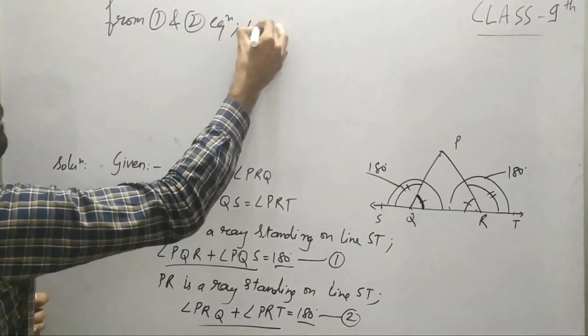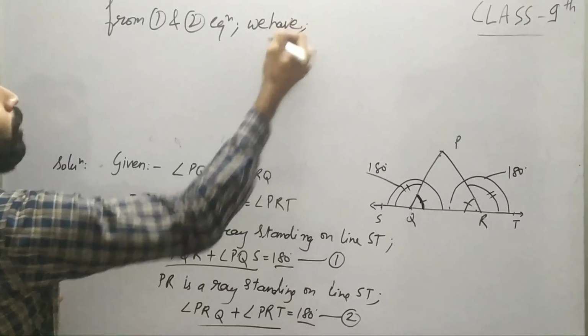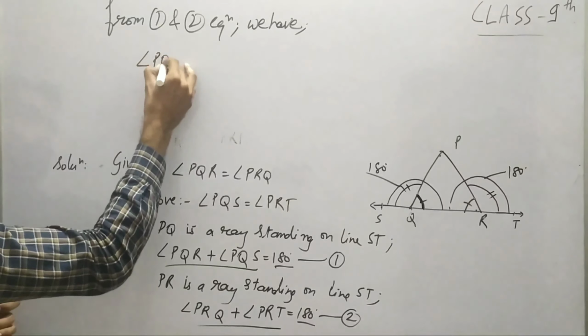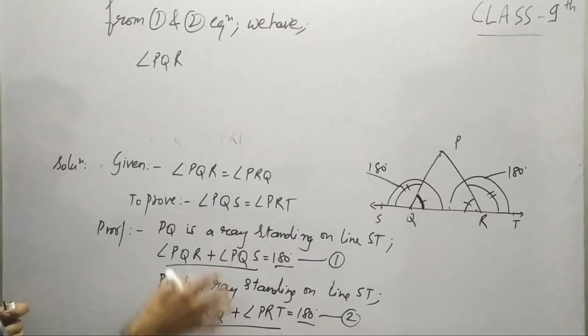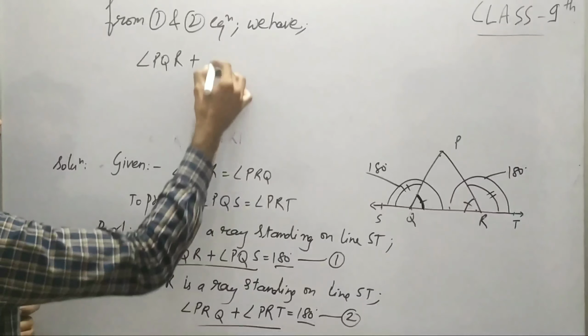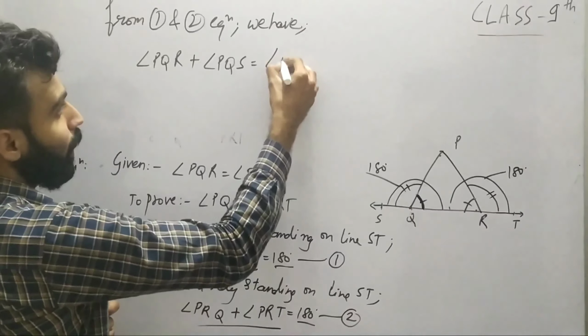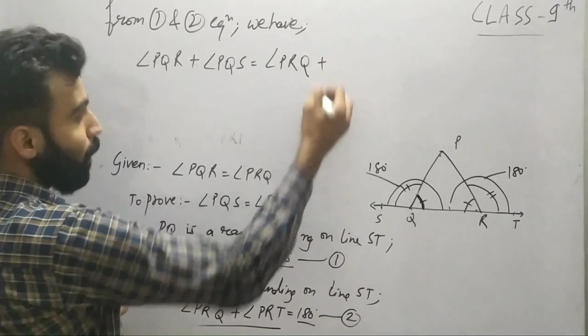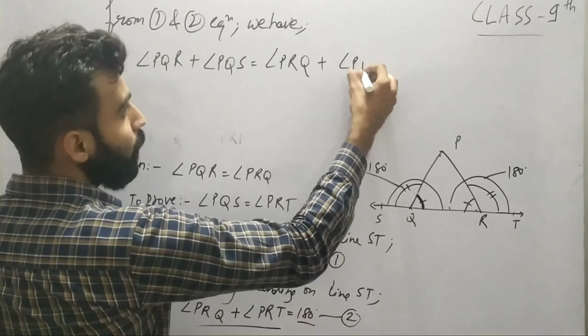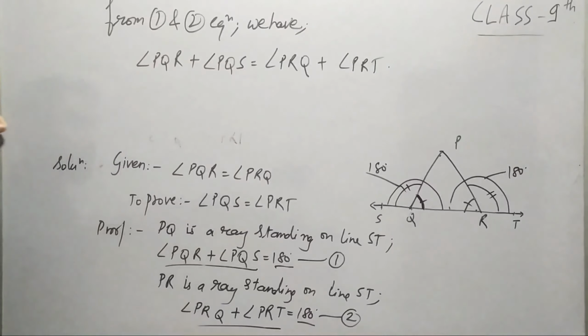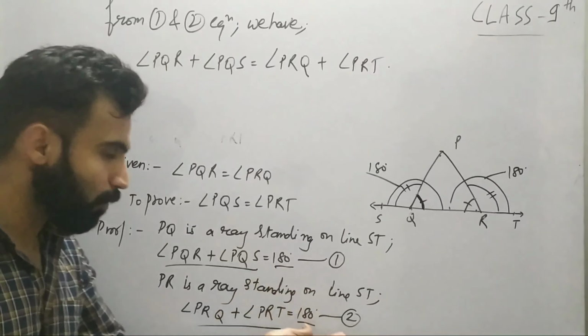So from first and second equations, we have, you can see, the left hand sides are also equal. So angle PQR plus angle PQS is equal to angle PRQ plus PRT, right? So this is the conclusion which we have derived from equation first and second.